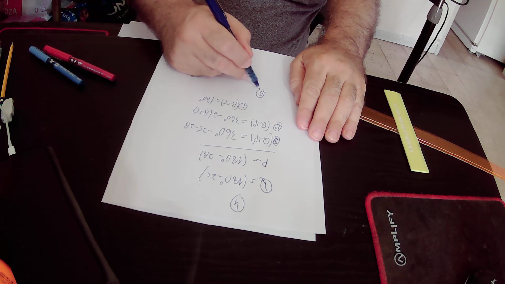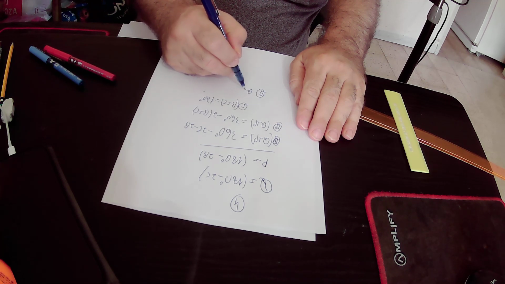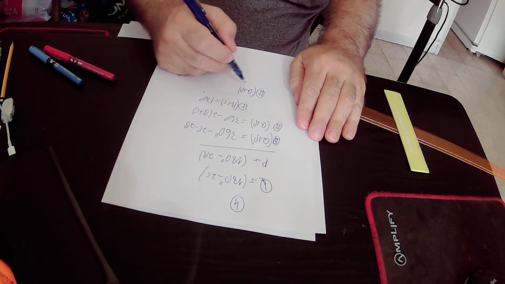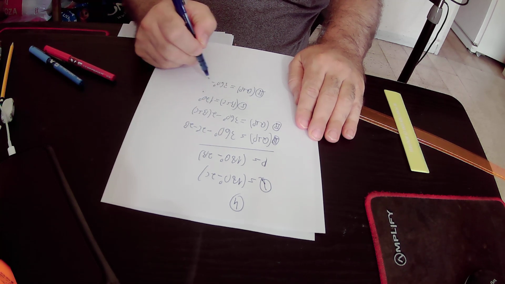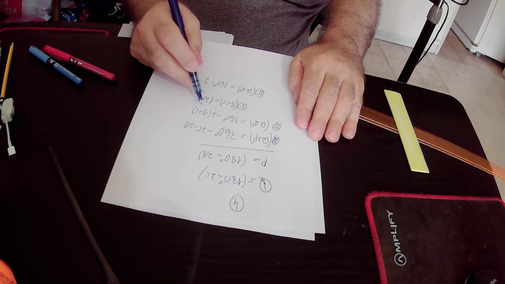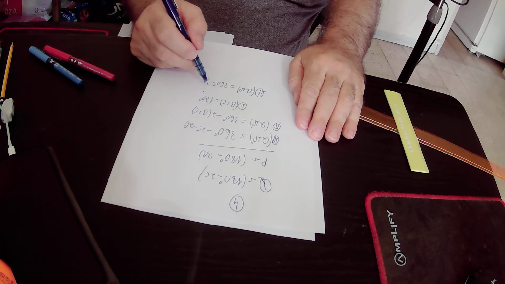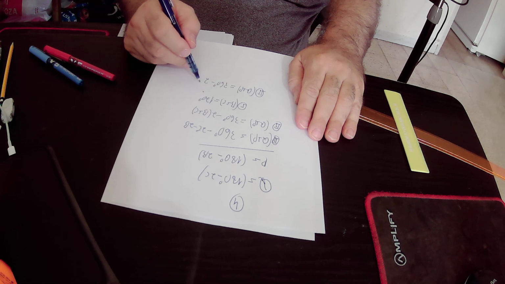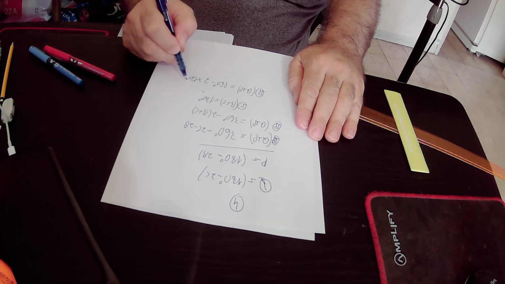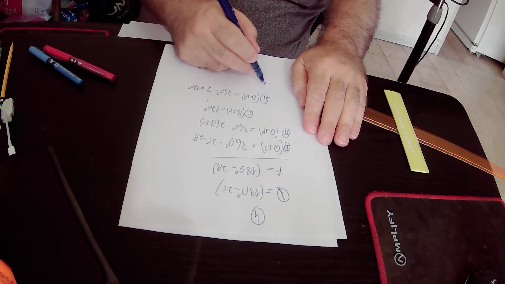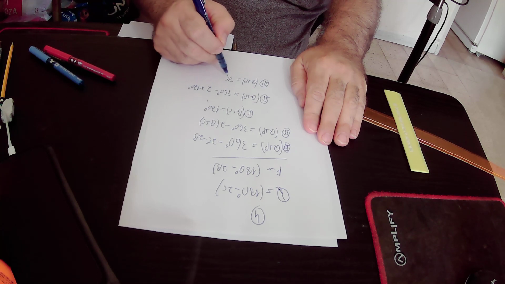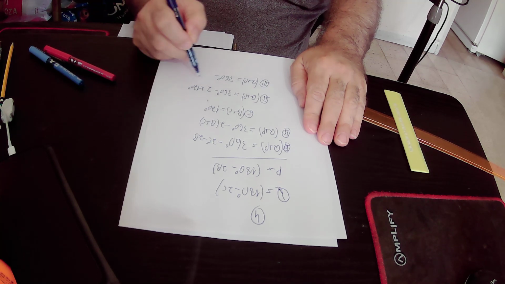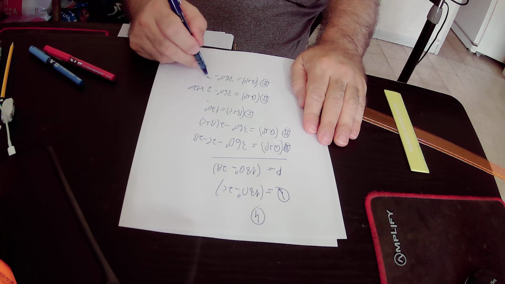We will get that Q plus P equals 360 degrees minus 2 times, and instead of B plus C we will write 120 degrees. So we will get that Q plus P equals 360 degrees minus 2 times 120 degrees, which is 240 degrees.